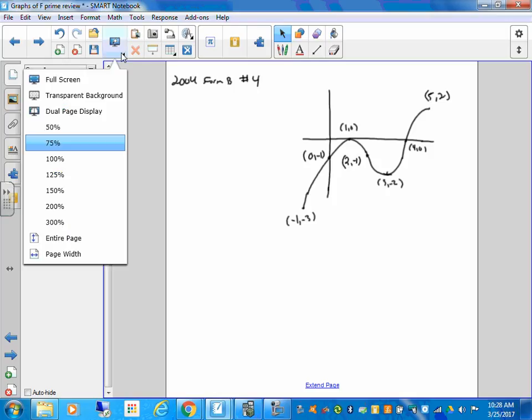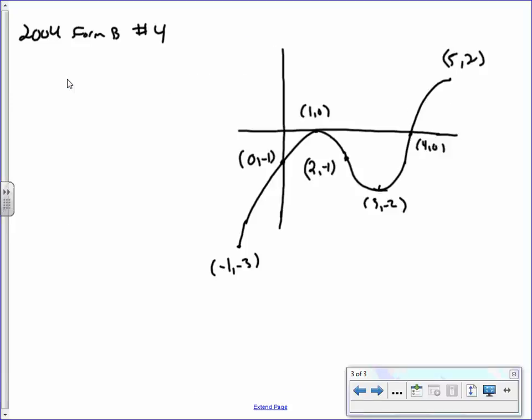So read through that little paragraph and see if you see anything in that paragraph that you think you need to note. They want to make sure that you are clear that right there is flat in both of those places, okay?